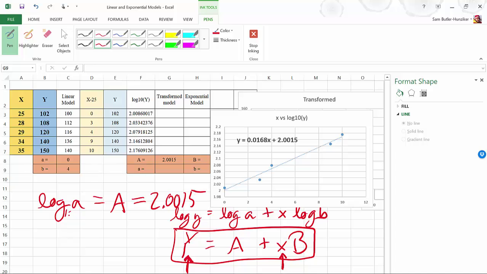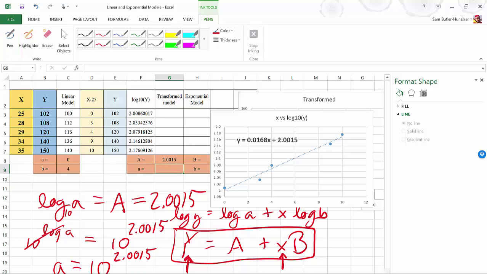To undo the common logarithm, we're going to raise both sides to be exponents with base 10. So 10 to the log little a is equal to 10 to the 2.0015, and 10 to the log cancel out, so we just have little a is equal to 10 to the 2.0015. Or this cell is equal to 10 raised to this cell's value power. So that's little a.